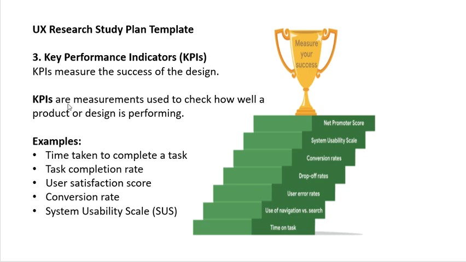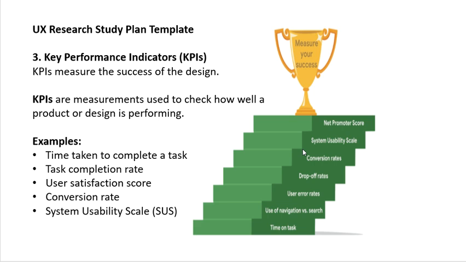KPIs are measurements used to check how well a product or design is performing. Examples are the time taken to complete a task, task completion rate, user satisfaction scores, conversion rate, and the System Usability Scale. There are seven steps to measure your success.